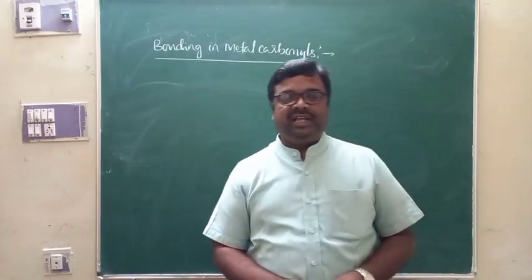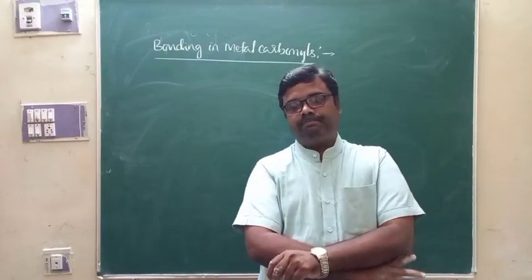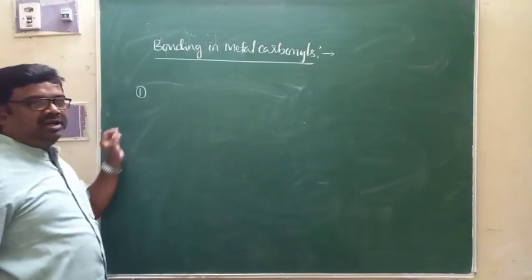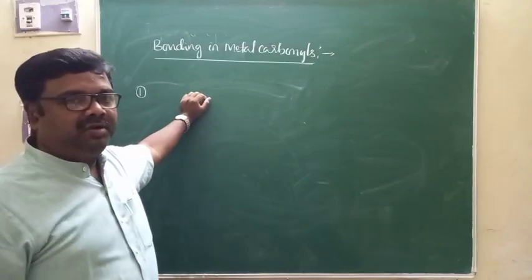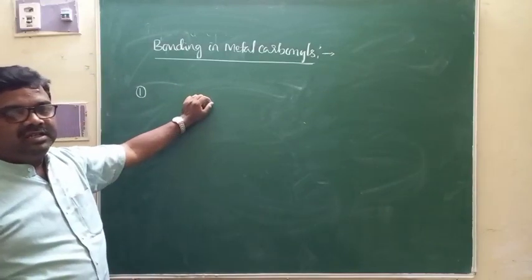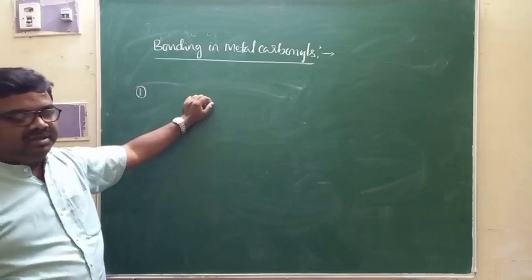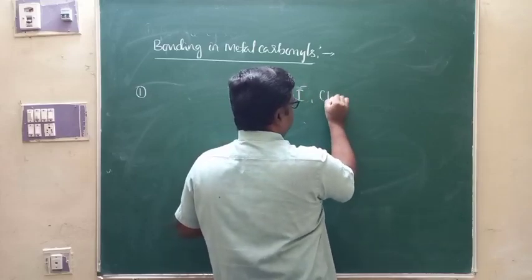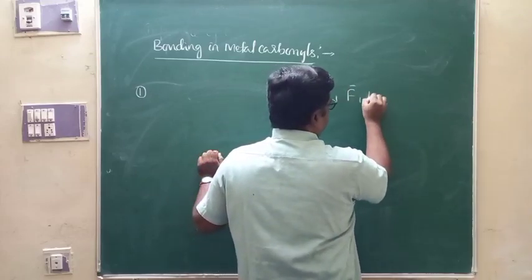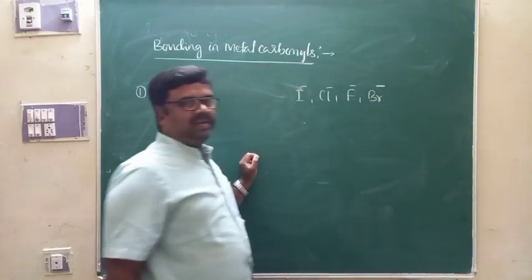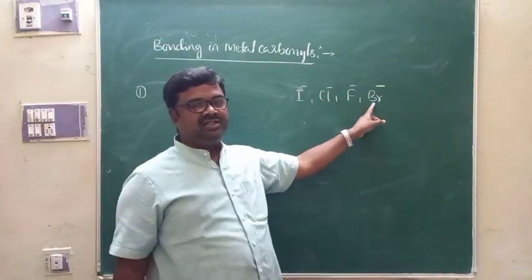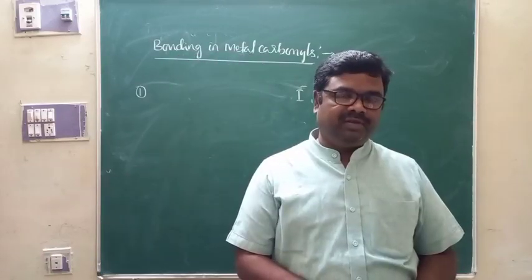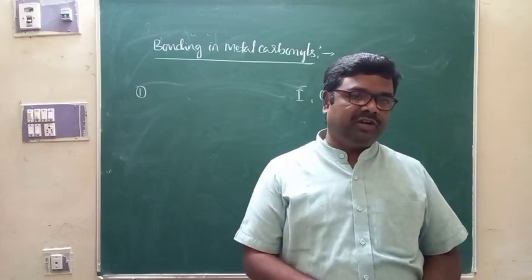As far as limitations of the crystal field theory are concerned, one of the limitations is, according to crystal field theory, the coordinate bond between metal ion and ligand is electrostatic force of attraction. Because of that, we expect the negative ligands like I minus, Cl minus, F minus and Br minus to bring about maximum crystal field splitting, because that metal to ligand bond is electrostatic force of attraction.